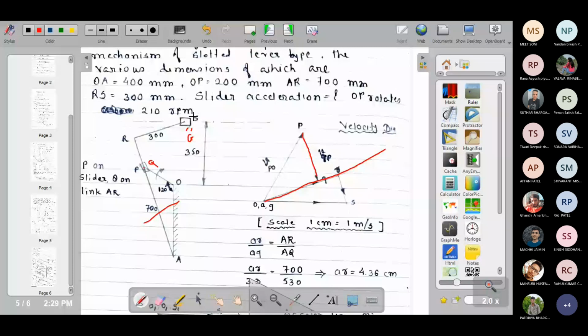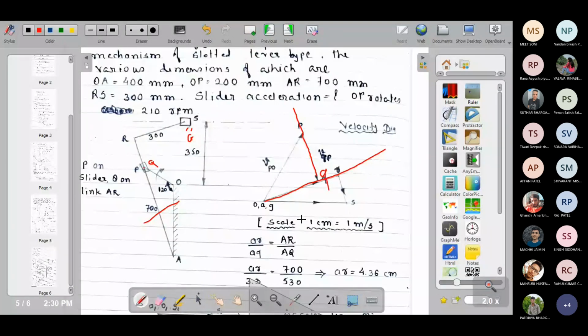That is why from point P, I have drawn a line parallel to link AR, because my slider is moving on this link AR. So wherever it intersects, that will become point Q.